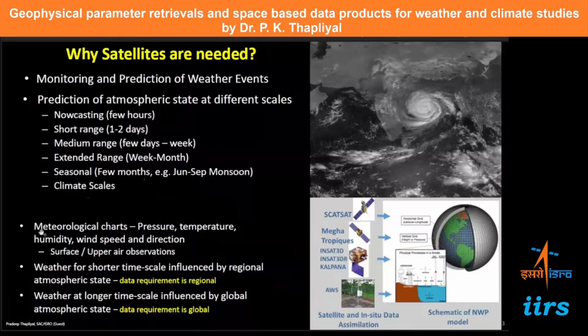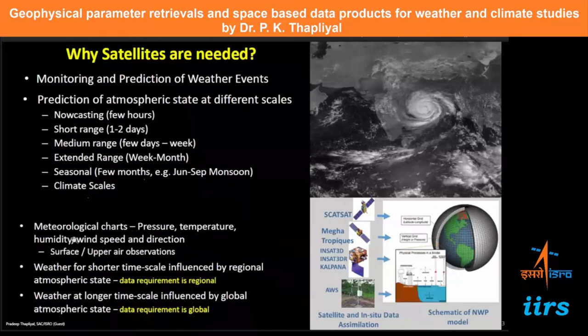For nowcasting, when a weather forecaster wants to understand the atmospheric state at a particular time, they analyze meteorological charts. And meteorological charts consist of the contours of pressure, temperature, humidity, wind speed, and direction at different places. So based on those meteorological charts, they can predict what will happen during the next few hours.